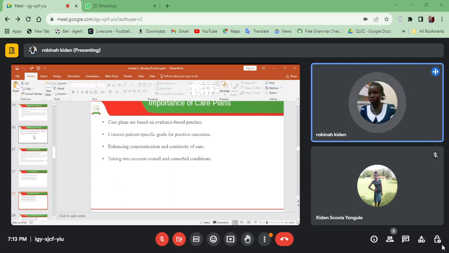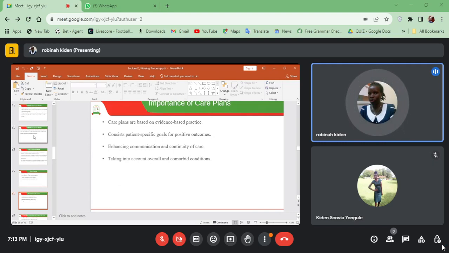So the goals that are involved are actually patient-centered, enhancing communication and the continuity of care and taking into account overall and comorbid conditions. There are some conditions that will come in on top of what the patient is suffering from. Those are the ones that we refer to as comorbid conditions.